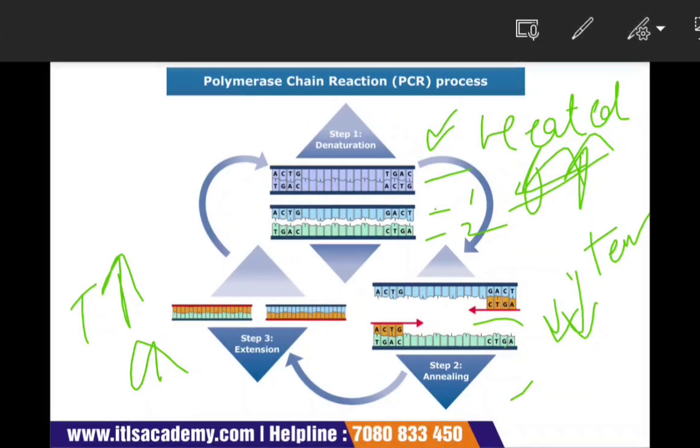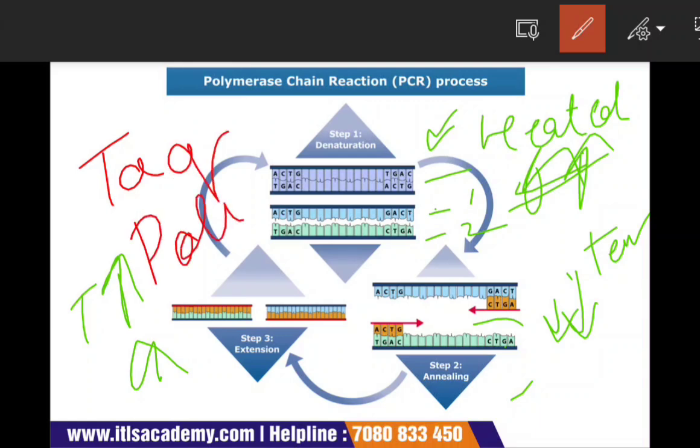Here what enzyme is used? I'm just mentioning that Taq polymerase enzyme. It is used in this step, and with the help of this enzyme, the new DNA strand is formed. These three stages, denaturing, annealing, and extension, get repeated 20 to 40 times, and every time the number of DNA copies doubles, and in this way you get more copies of DNA.